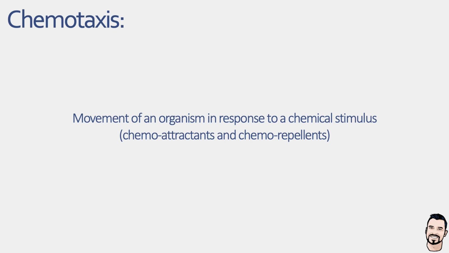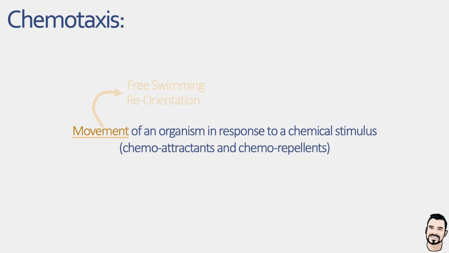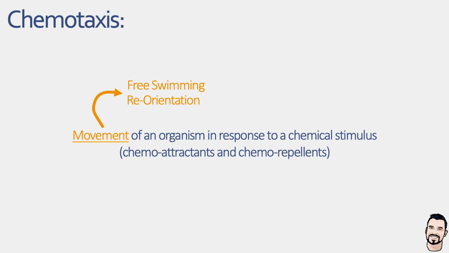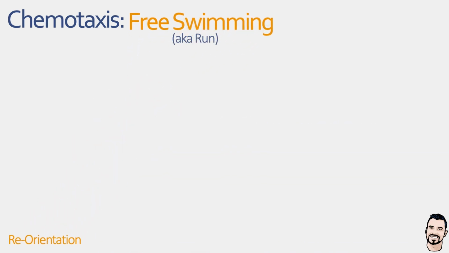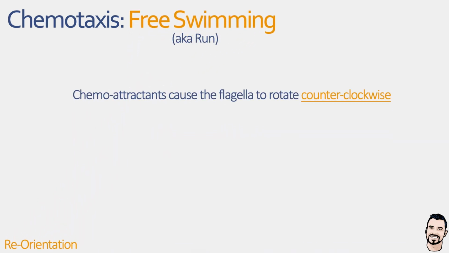Now, the flagella has two main forms of movement. It can rotate in such a way to promote free swimming in a single direction, or it can rotate in such a way that the cell reorientates, with both being required for the process of chemotaxis. If we look at this in more detail, when a chemoattractant is present, the flagella rotates counterclockwise.